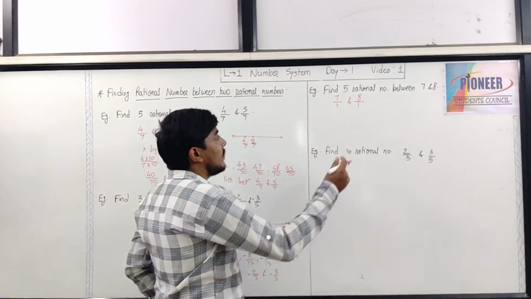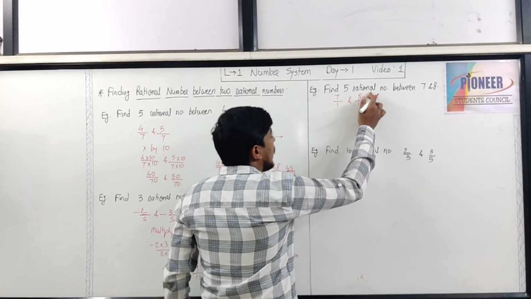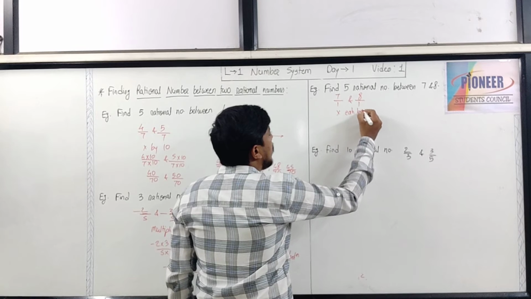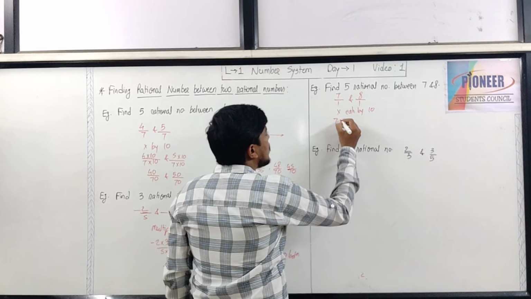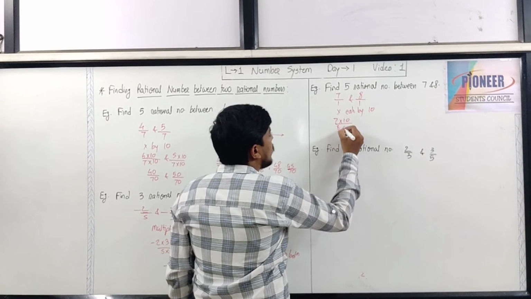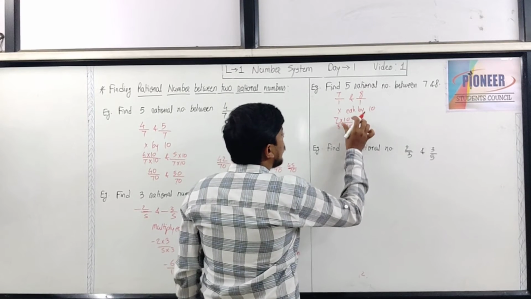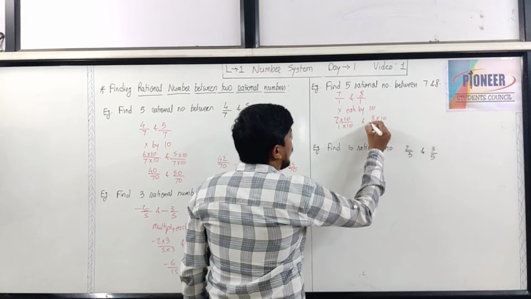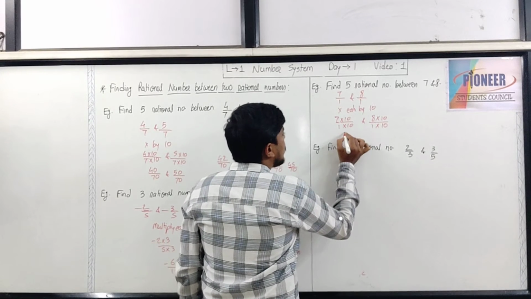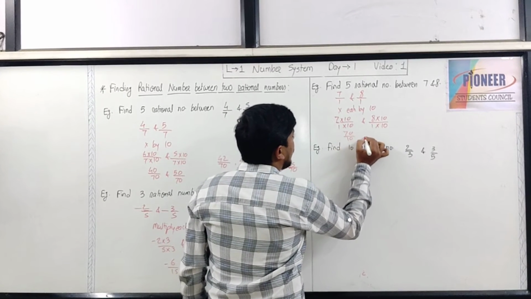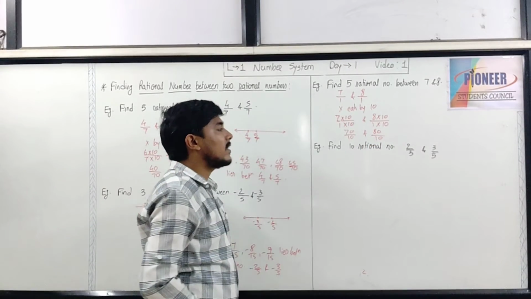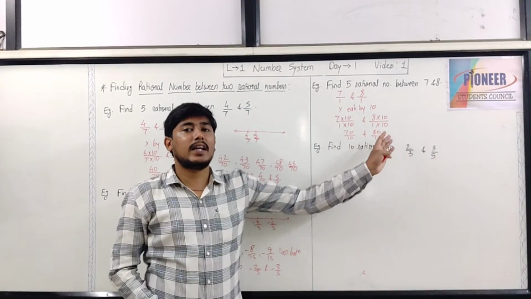How? See, we have written 7 as 7 upon 1, 8 as 8 upon 1. Multiply each by 10. So it will be 7 into 10 upon 1 into 10 and 8 into 10 upon 1 into 10. So the numbers become 70 upon 10 and 80 upon 10. Now there are 9 numbers between 70 upon 10 and 80 upon 10.